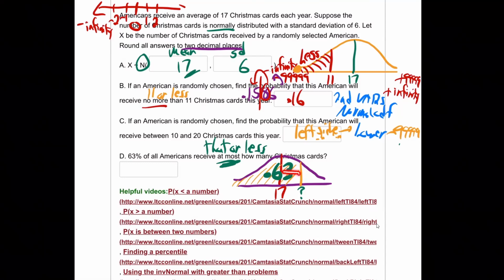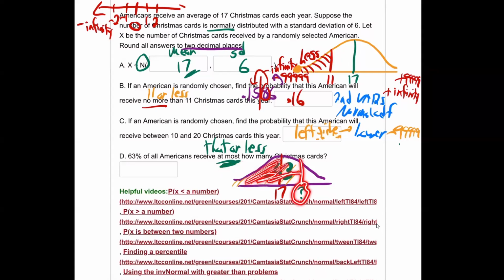So that's why I shaded to the left. Is that making sense on that phraseology? When somebody says at most, if I say I've got at most 5 coins in my pocket, that means I have 5 or less, doesn't it? The most I could have is 5, I might have less. So when they say at most how many Christmas cards, they mean how many Christmas cards or less is 63% of all Americans.